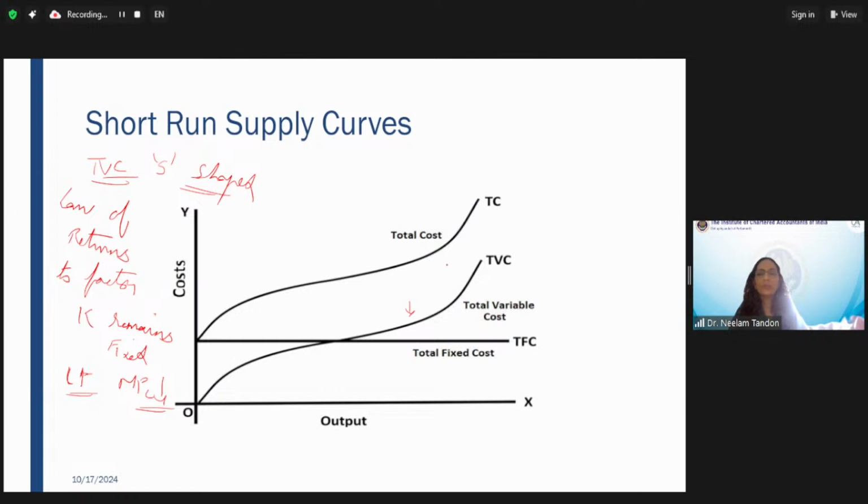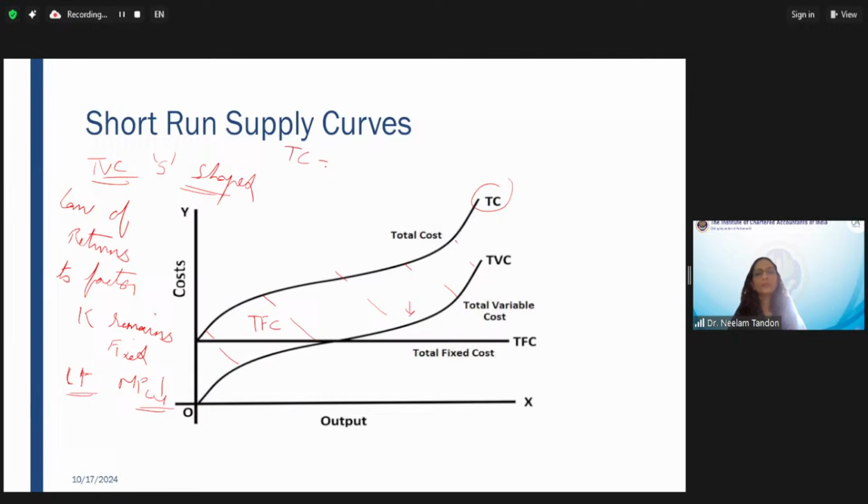Now, what is the relationship between total variable cost and total cost? You can see this gap is constant. This gap is constant all throughout. Yes, this gap. So what does this gap depict? This gap depicts total fixed cost. And this TC is what?